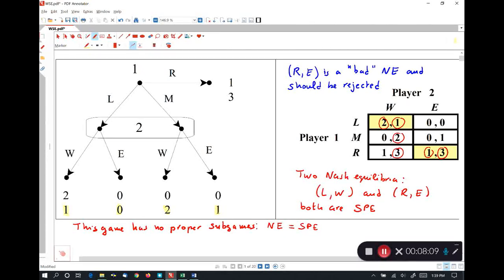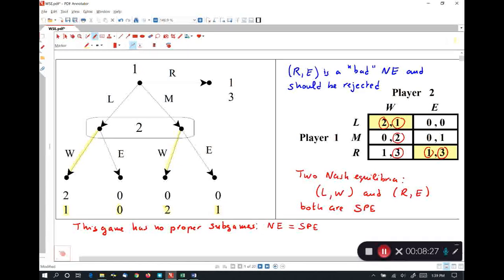Then I don't care that I don't have this information, that I don't know what player 1 did, because the choice of W is better in every situation that I consider in my mind. So W is the best choice. Okay?